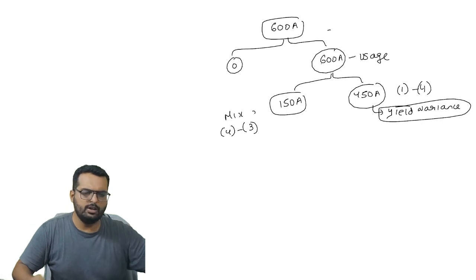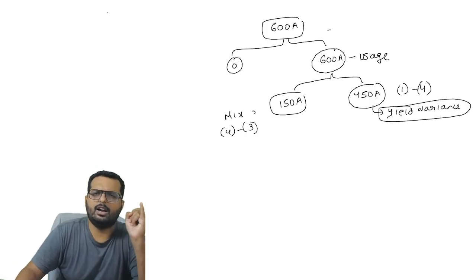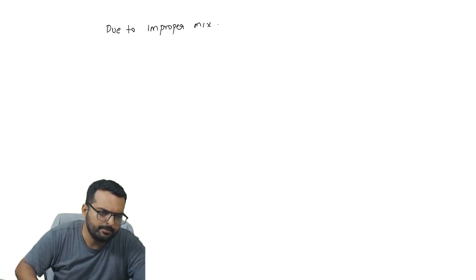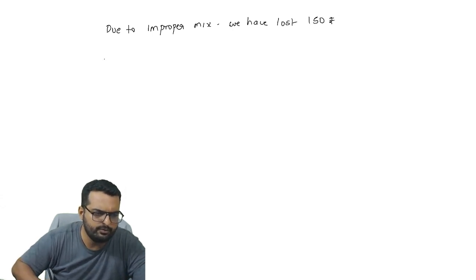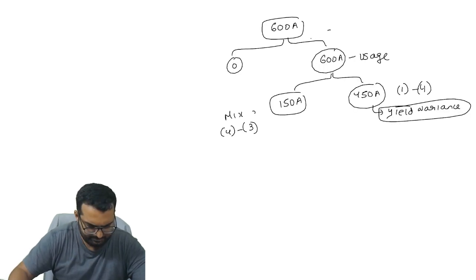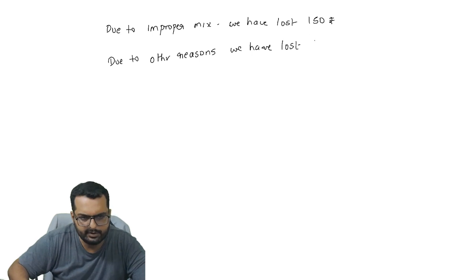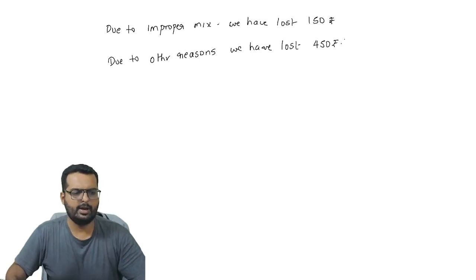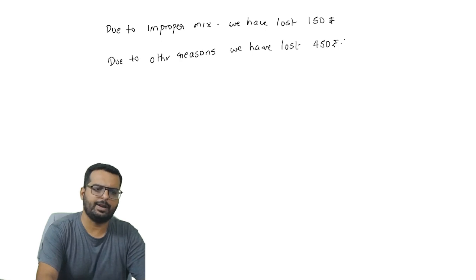So friends, are you all clear with all the variances over here? We are done with all the variances including the mix. So here I'll tell you the logic of mix variance. Due to improper mix, we have lost 150 rupees. Due to other reasons, we have lost how much? 450. Can you write down this and finish it off? Then we'll go to the purchase price variance. Last one.